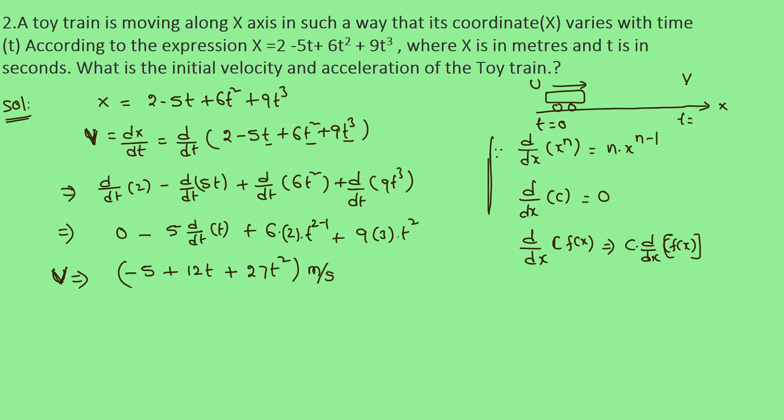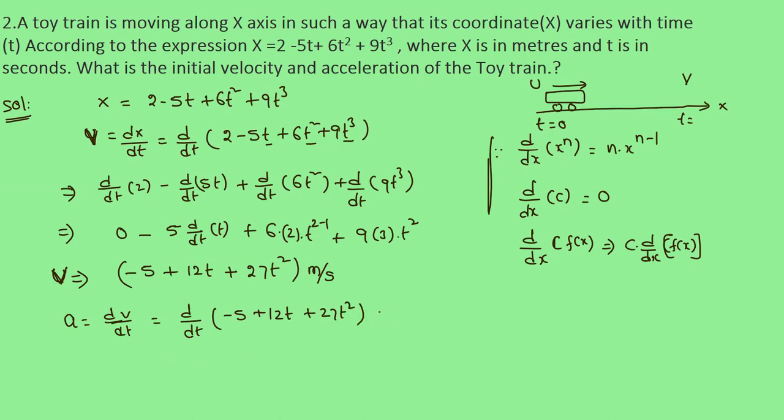And what about the other one? Acceleration is asked. What is the acceleration? Again dv by dt, the rate of change of velocity. If there is a rate of change, we definitely have to use differentiation. So d by dt of minus 5 plus 12t plus 27t square.